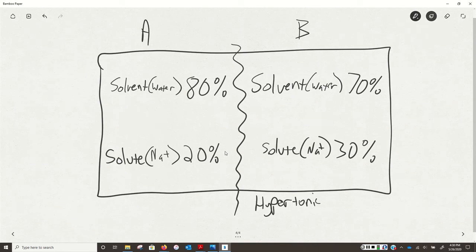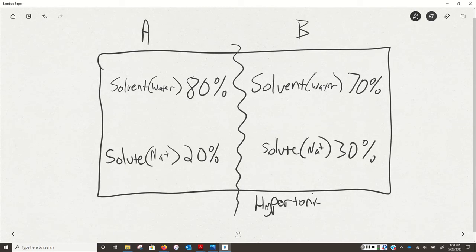B by itself is nothing. We have to compare one solution to another. Specifically, we compare the solute of one solution to the solute of another solution. Whichever one is greater, we say is hypertonic to the other. Hyper means greater than, more than, above. So 30 is greater than 20.